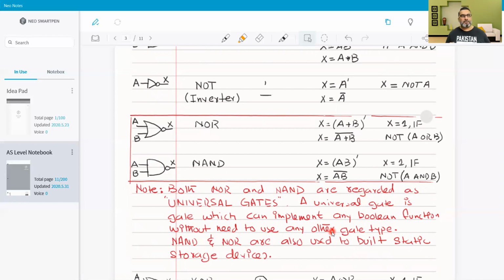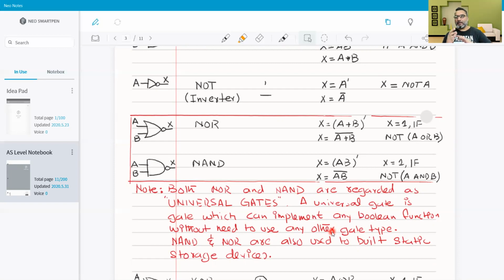What does it mean? It means that if you have a logic circuit comprised of many different kinds of logic gates, and you take just one universal gate, either NOR or NAND, you can build the same circuit with just that one gate.